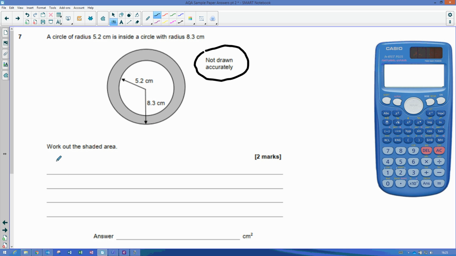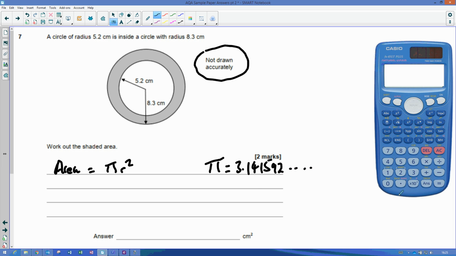The first thing we need to remember is that the area of a circle is equal to pi r squared, and pi is a very awkward number. It goes on and on and on.